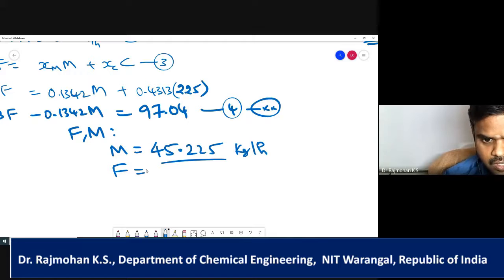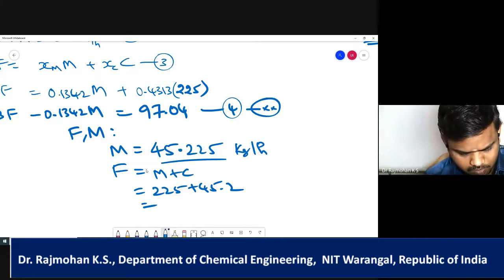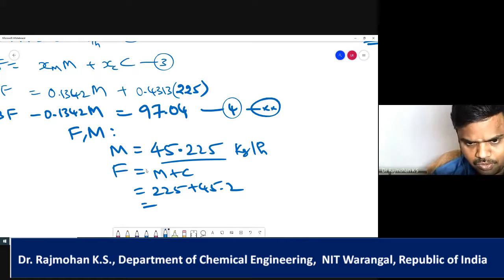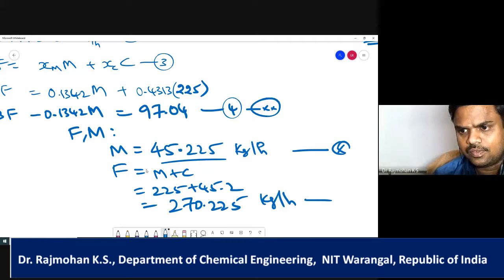This much kg per hour. So F equal to M plus C, that is 225 plus 45.2, 270.225 kg per hour. Okay, so we get the M value and the F value. That is one part of the answer.